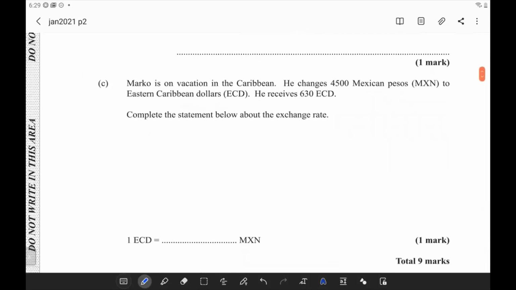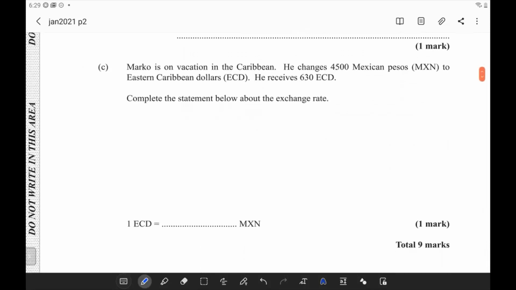Marco is on vacation in the Caribbean, and he changes 4,500 Mexican pesos to Eastern Caribbean dollars. He receives 630 Eastern Caribbean dollars. Complete the statement below.